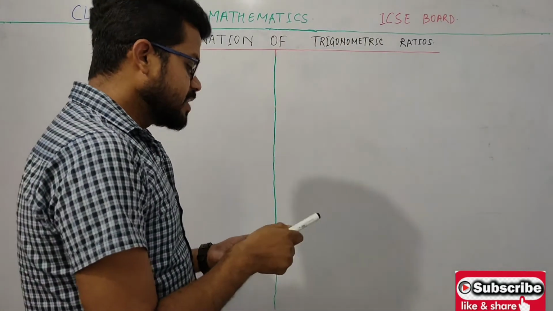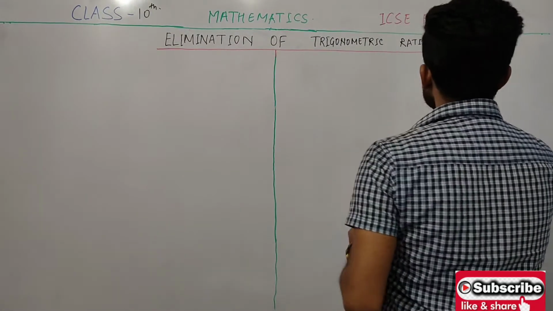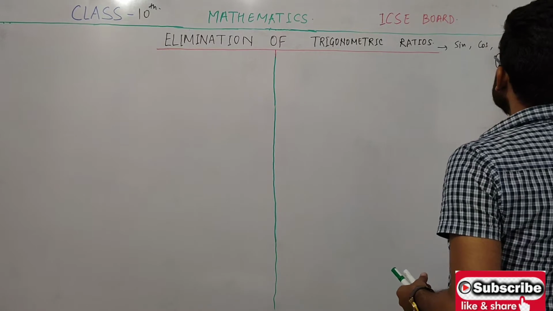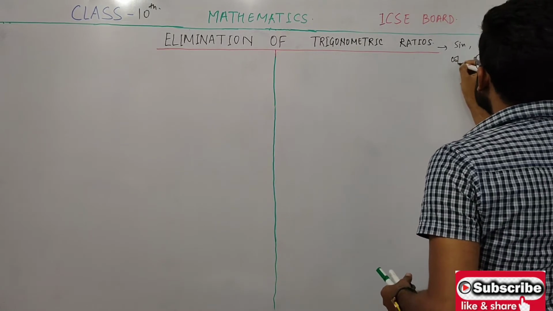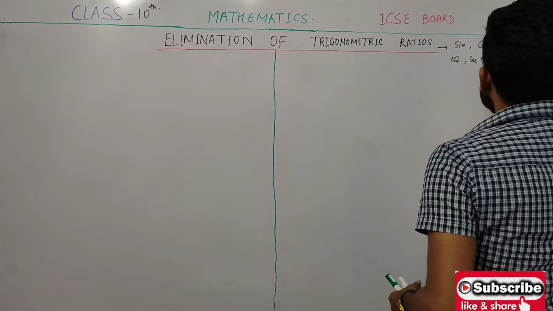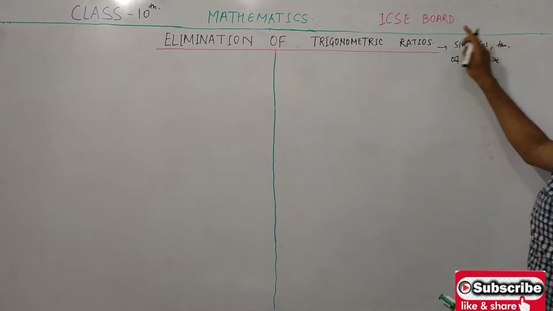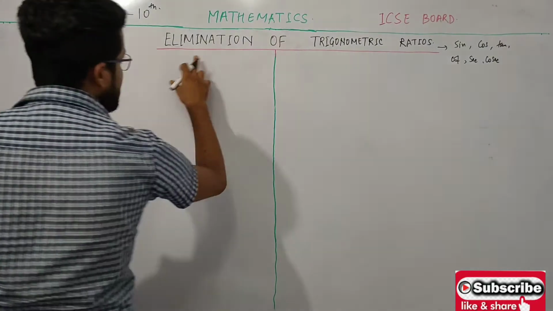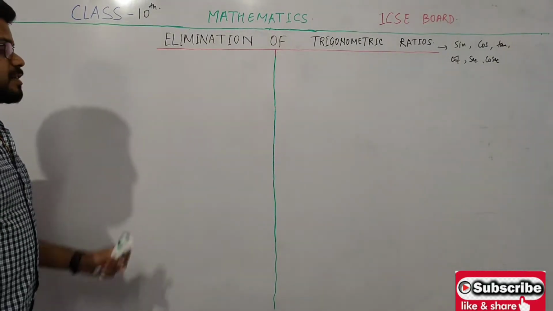So we know how many types of trigonometric ratios there are? There are 6 trigonometric ratios: sine, cos, tan, cot, sec, cosec. These all are the trigonometric ratios. So the topic is elimination of trigonometric ratios.